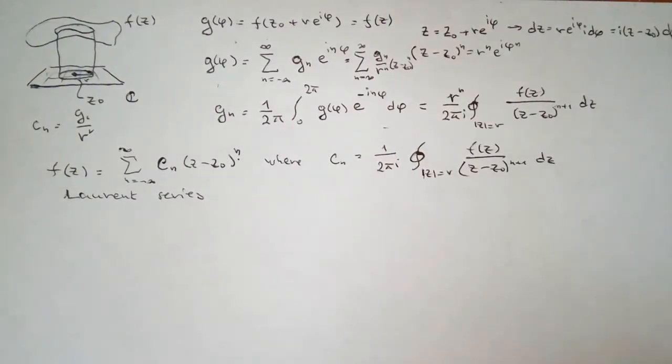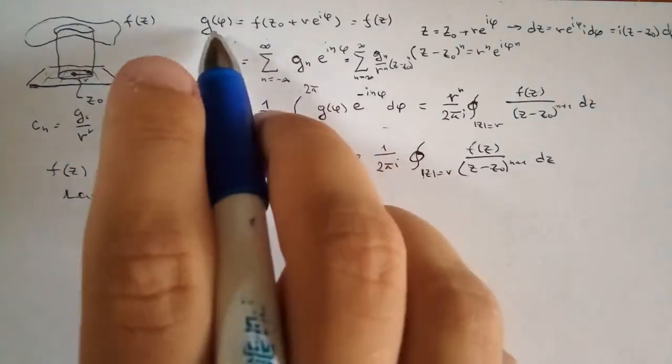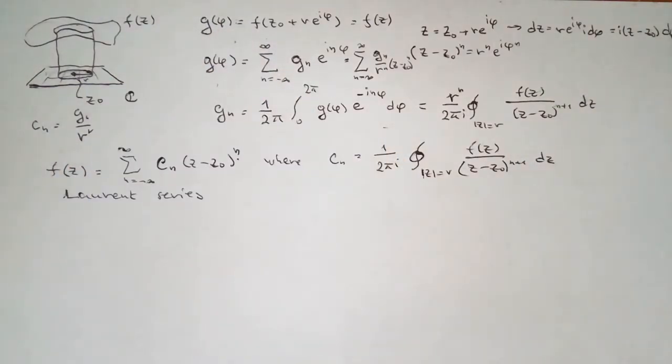Okay, well, next, what is also known is that whenever this function g of phi has a Taylor expansion, what does it mean? Or the function f(z), which is equivalent here, that means you are able to express this as a Taylor series.